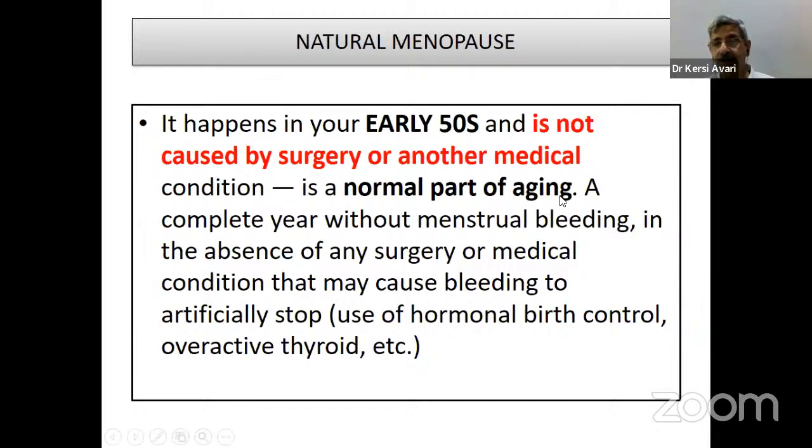A complete year without menstrual bleeding, in the absence of a surgery or any medical condition which can alter your hormones and cause bleeding to artificially stop. For example, you are taking birth control pills, or your thyroid is overactive. Even the symptoms can be mimicked. So this is where, in every case, you have to meticulously give a precise and honest history.